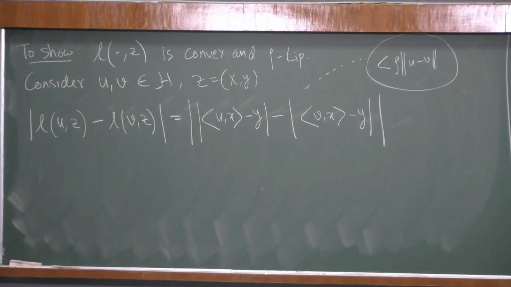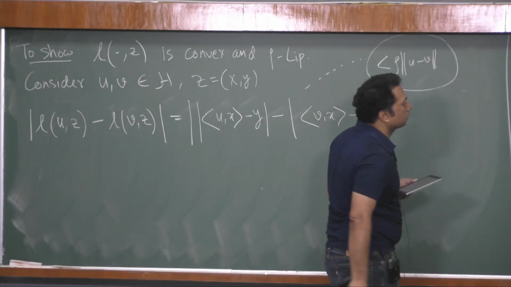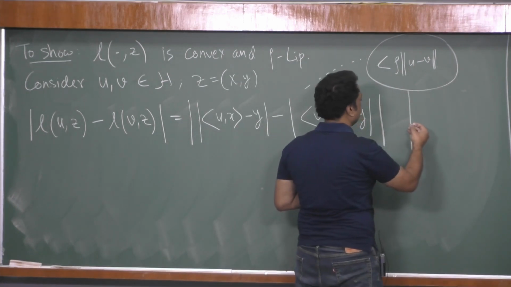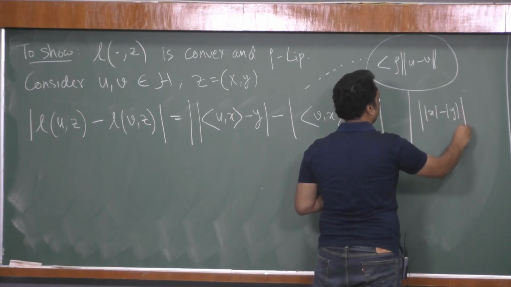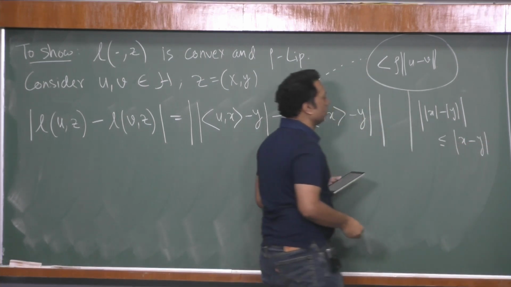So this is what we are thinking, and we have to manipulate this a little bit. Recall a result, how will you prove |X| is Lipschitz? The result we may need is that ||X| - |Y|| is less than or equal to |X - Y|.